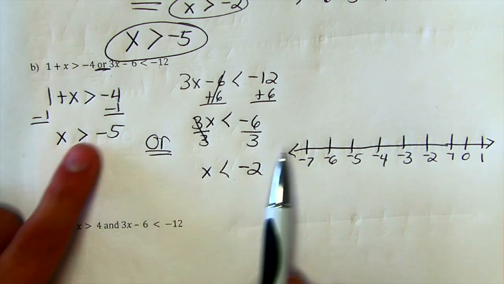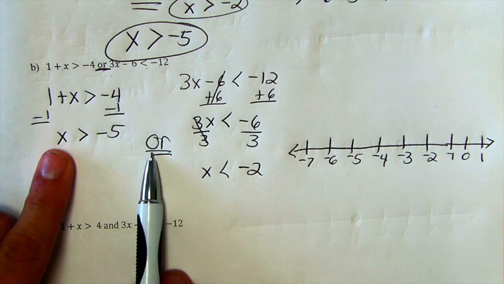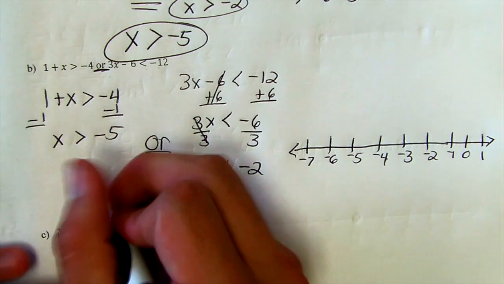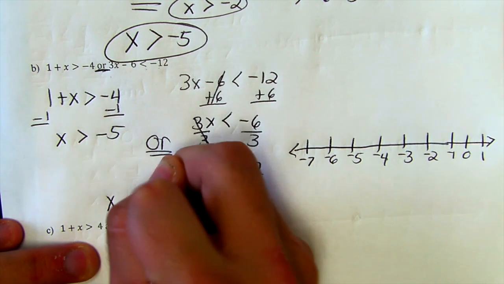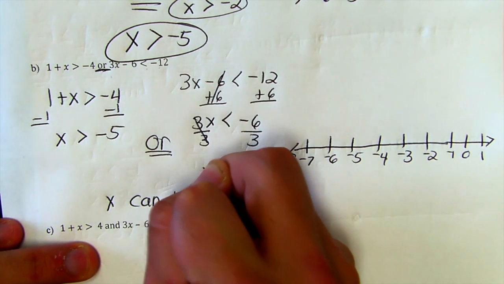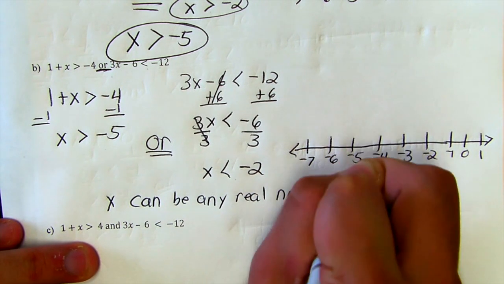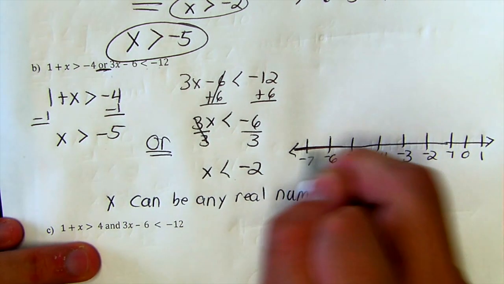Or we want x to be less than negative 2. So if we start at negative 2 and go to the left, we realize that x is greater than negative 5, or x is less than negative 2 will work for x can be any real number.